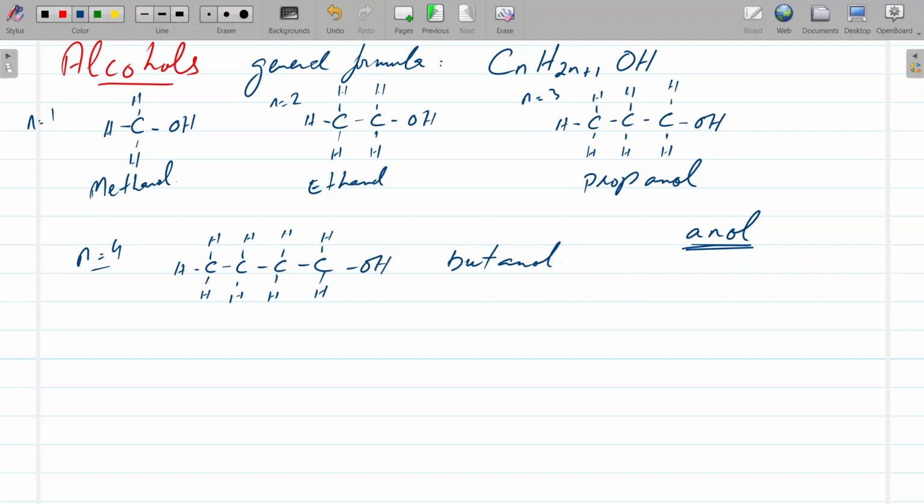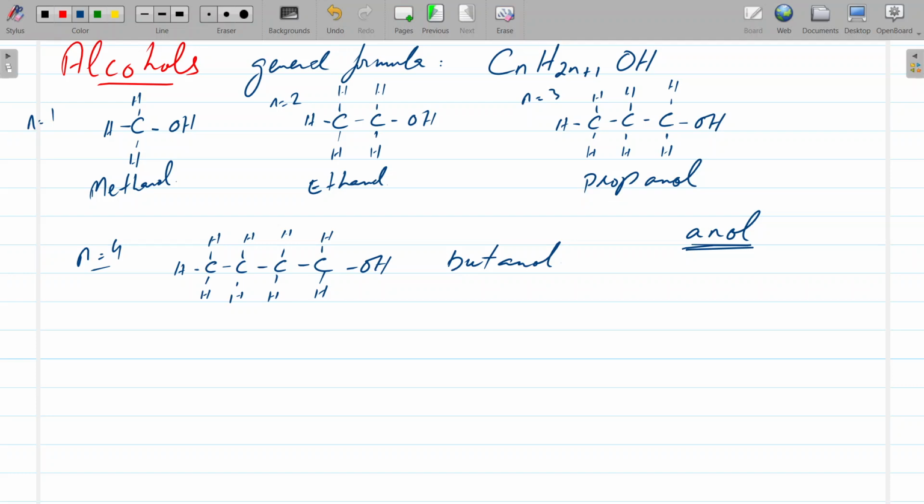If it's 5 carbons, what will you call an alcohol with 5 carbons? Hexanol? No, hex is for 6.